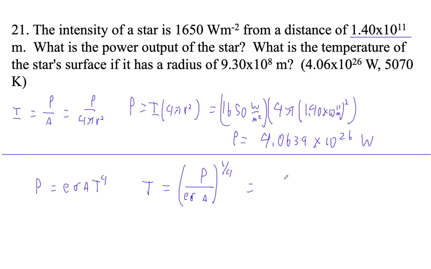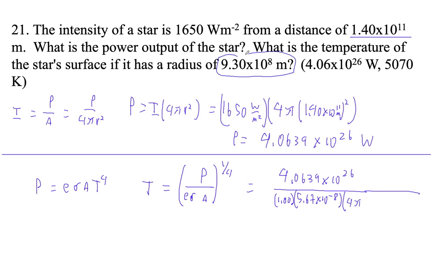Let's see, it's 4.0639 divided by, and then what do we use for the emissivity? Just use 1. Well, we assume that they're perfect radiators. Maybe it's for lack of imagination. I don't know. Okay, and then our area is going to be quite large for this star, 4 pi, and then this is just the area of the surface of the star, right?